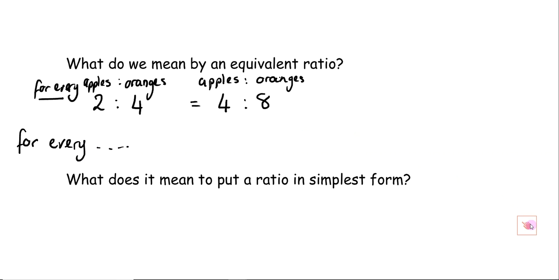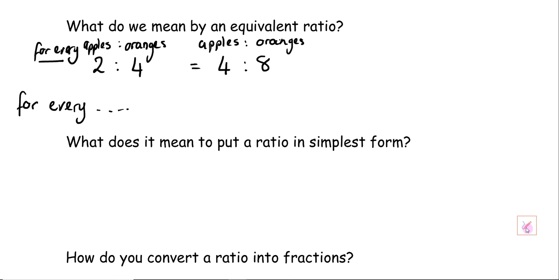What does it mean to put a ratio in its simplest form? Luke? Divided by one number that goes into both numbers, so it cannot be divided anymore. Awesome. Does anyone have that same answer, but maybe using different words?